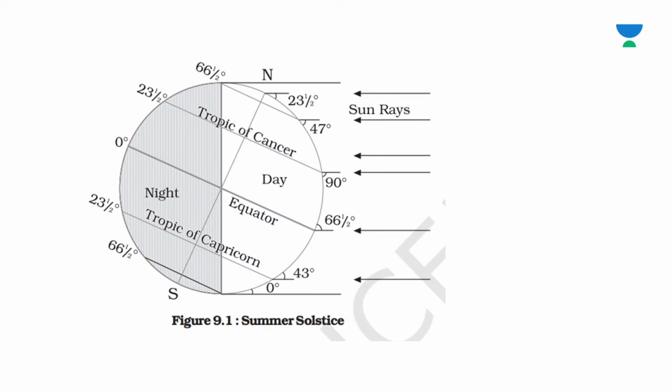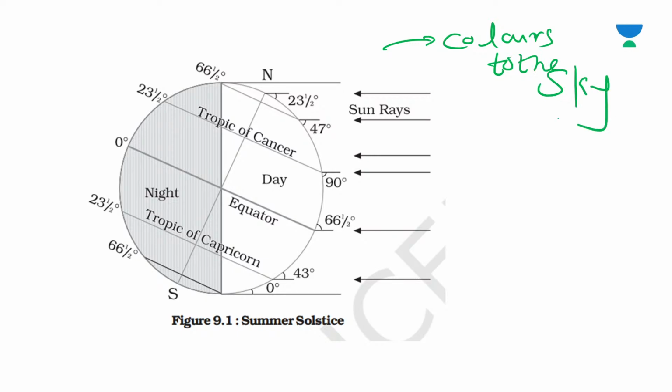So, very small suspended particles in the troposphere scatter the visible spectrum both to space and towards the earth's surface. So this process adds colors to the sky.